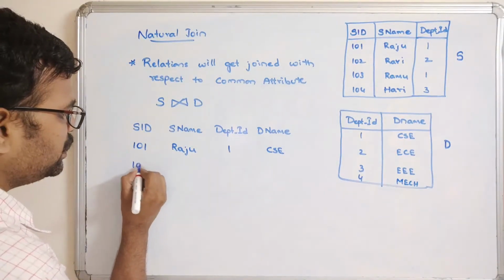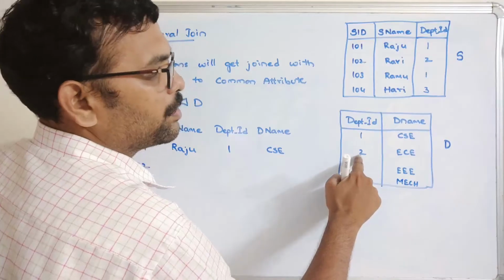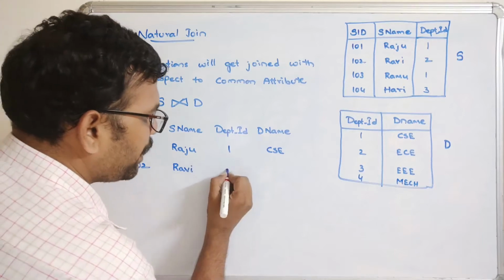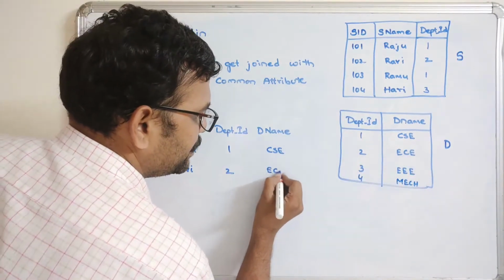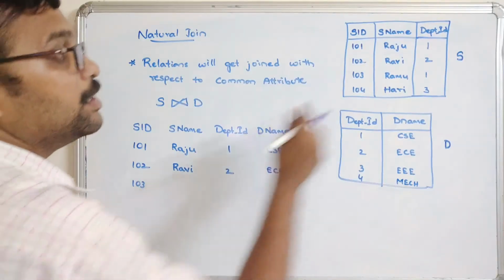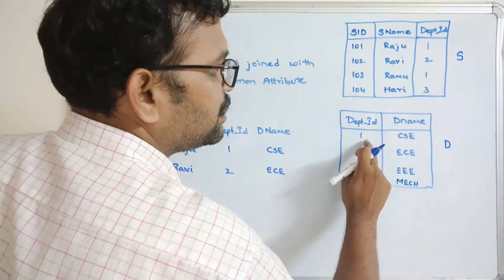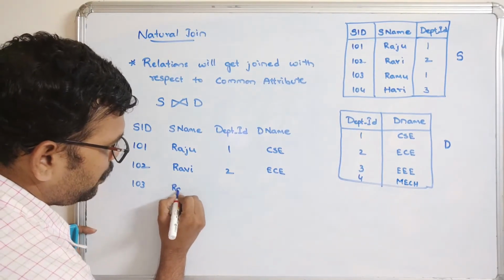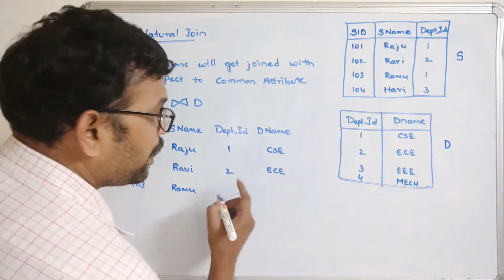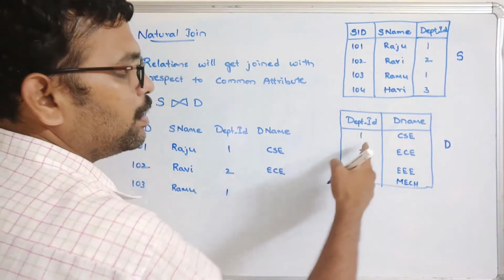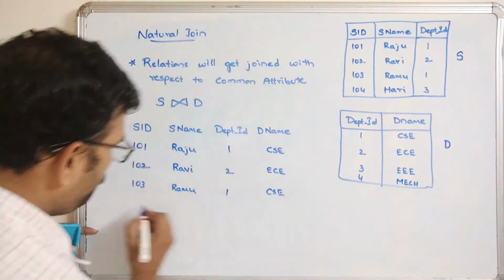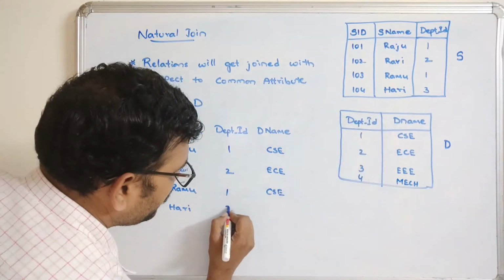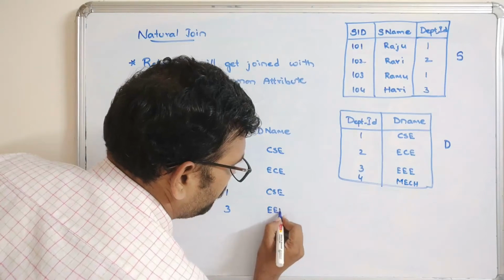Next 102, Ravi, department ID is 2, and the name is ECE. Then 103, Ramu, with department ID 1, yes, there is a department ID 1, and CSE. And 104, Hari with department ID 3, the branch is AAA.